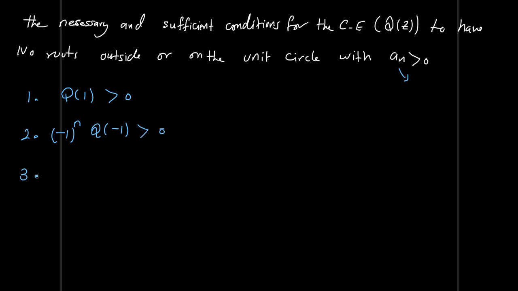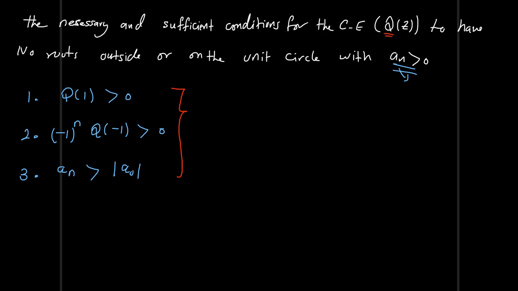The third condition, an must be greater than the absolute value of a of 0. Why here I'm not writing absolute value? Because I'm assuming that an is greater than 0. Now those three conditions have no relation with the Jury table. Simply those can be calculated directly from the characteristic equation.